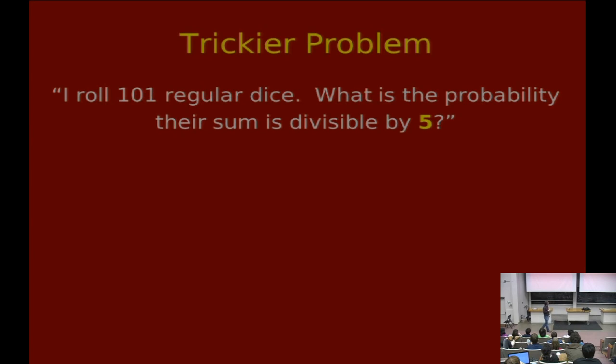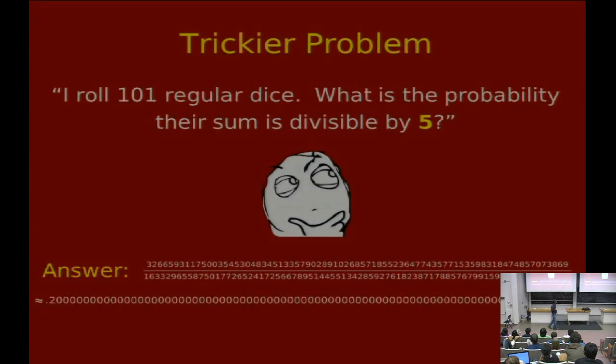Now, if I change this to 2 instead of 101, you could draw a little table and you would see it's not exactly 1/5, but you might feel that once you roll enough dice, it should sort of become like 1/5. And that's correct. This is very close to 1/5. I don't know if you can read this, but it's 0.2 and then a lot of zeros and then 1.